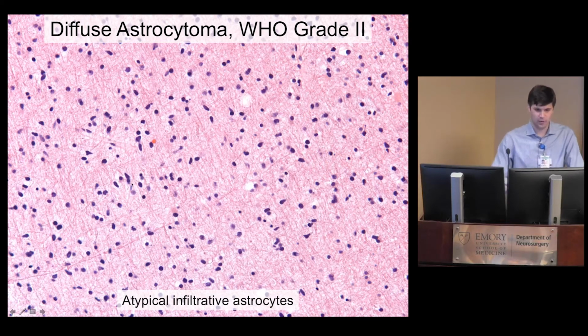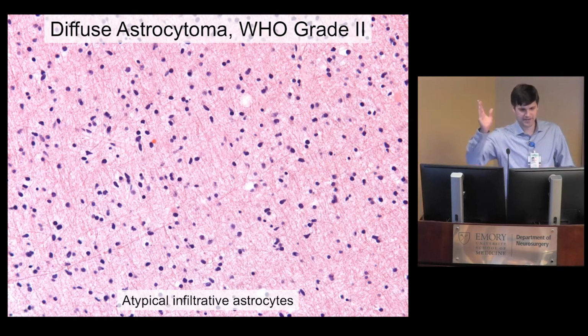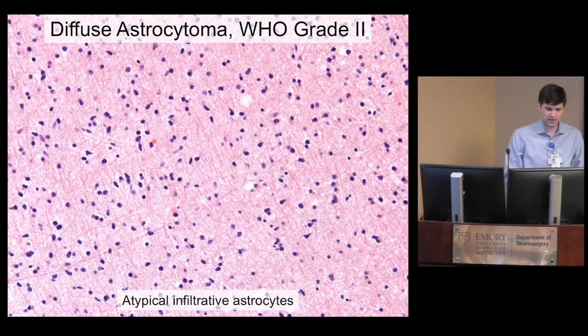Normal brain has an organization to it, right? There's going to be oligodendrocytes lined up along axons. The white matter is usually coursing in a particular direction. But these cells are not really oriented in one particular direction. They're wandering about, and they look strange. They look atypical, hyperchromatic, and so forth.